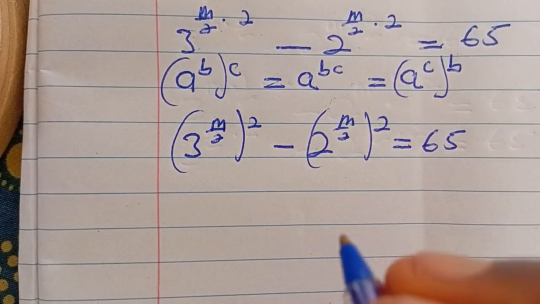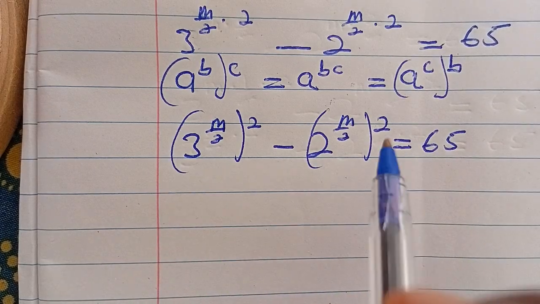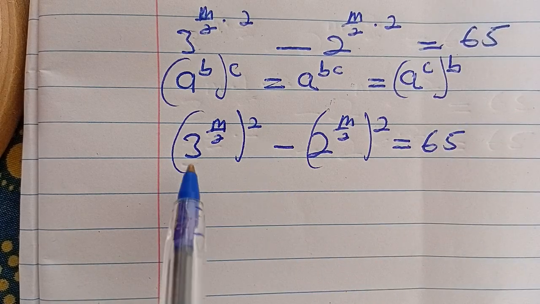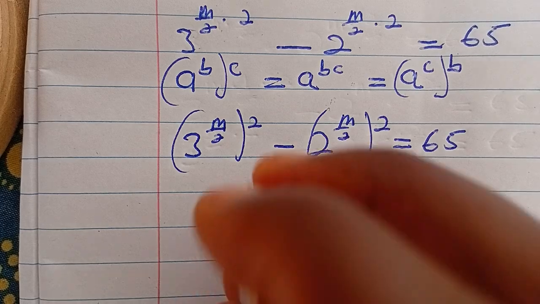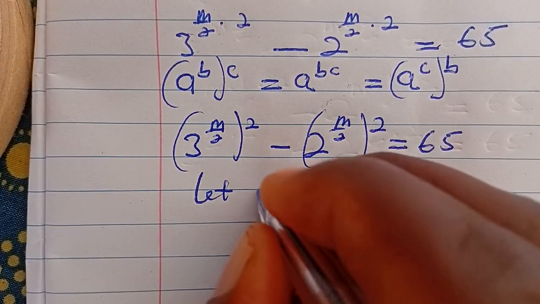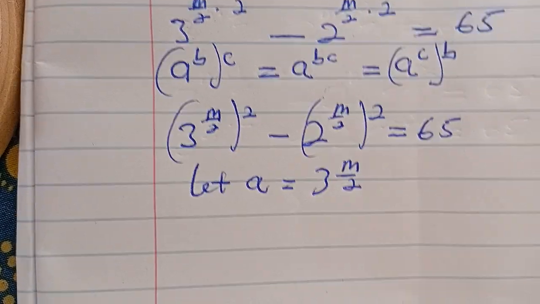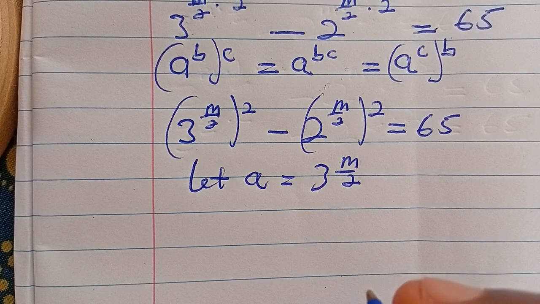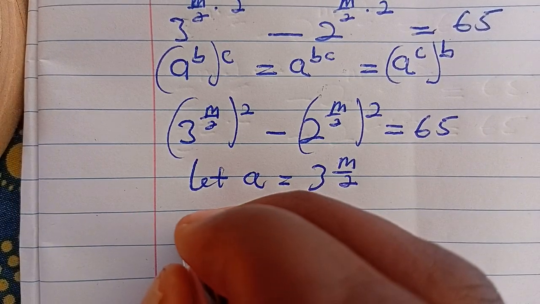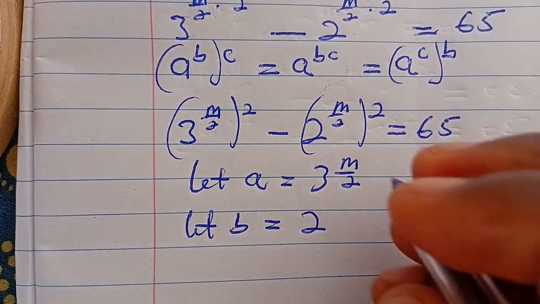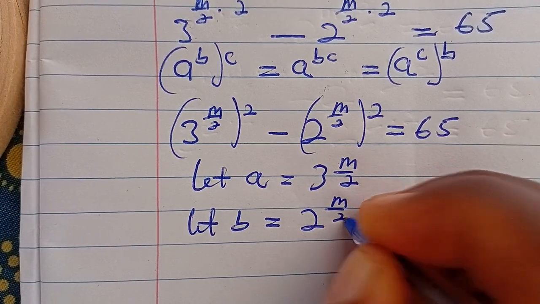So here you can see difference of two squares. If we choose to solve it straightforward, our equation is going to be complicated. So let's represent this and this by variables. Let a represent 3 exponent m over 2, and let b represent 2 exponent m over 2.